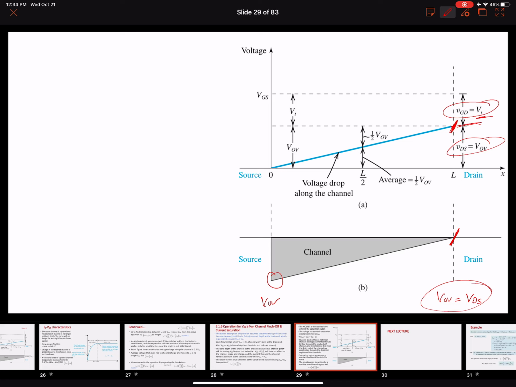The effective voltage drop along the length of the channel is just half of VOV. If you remember, in the triode region it was VOV minus half of VDS, but since VDS is now VOV, it is VOV minus half of VOV, which equals half of VOV.